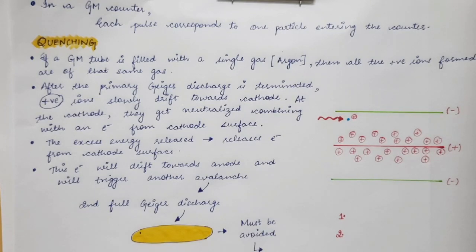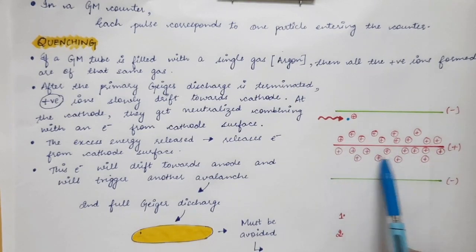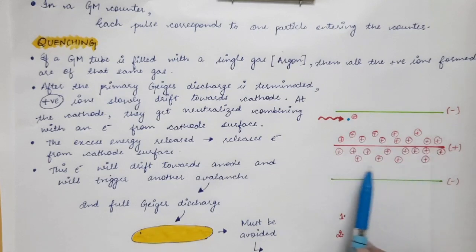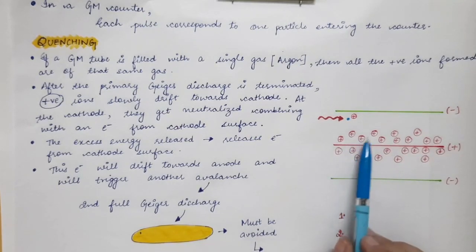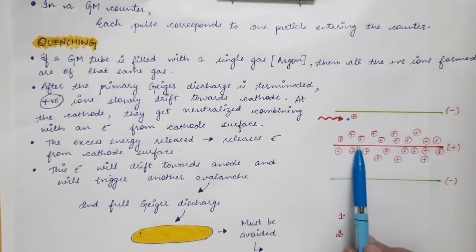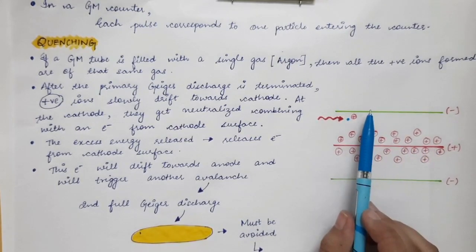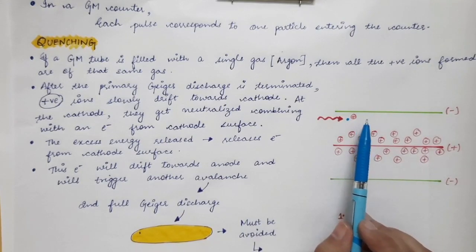Large number of avalanches are formed across the anode wire, which means the whole of the gas around the anode wire gets ionized. This is called Geiger discharge because a large number of electrons will be reaching the anode. At the initial stage, there was only one electron.